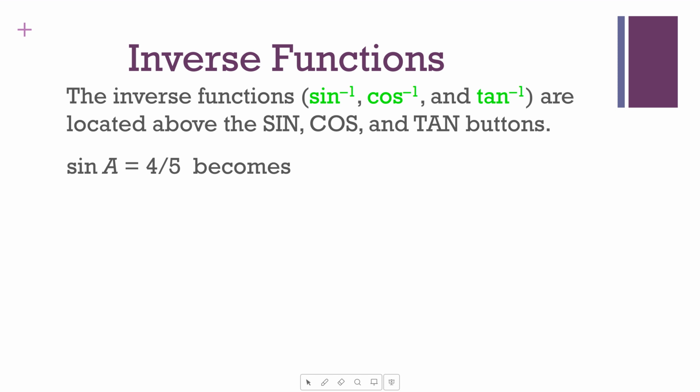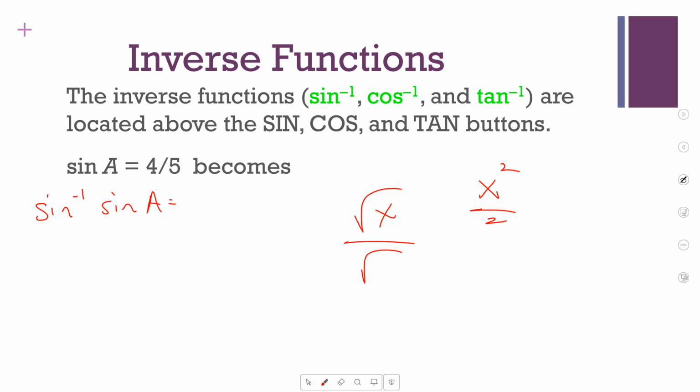The way to remember not dividing is the same way you remember how to undo a square. If I have x squared and want to undo the square, I don't divide by squared. If I want to undo a square root, I don't divide by square root. Same thing is true here with the sine. I'm going to take an inverse sine of this side, and if I take the inverse sine of one side, I have to do the same thing to the other side.